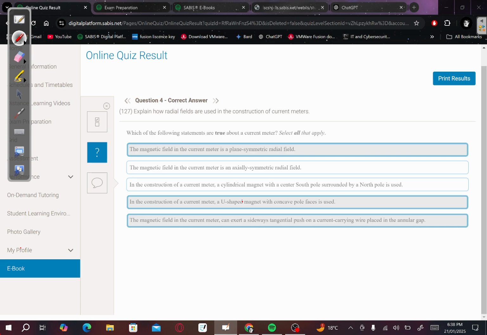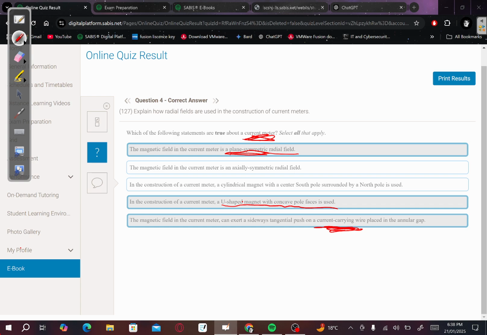They probably will. So there is another thing. You have to check the book for this one, but whatever it is, it's that. So plane symmetric radial field: this you memorize for the current meter. Okay. The construction of a current meter, U-shaped magnet with concave pole faces is used, and my trick for memorizing this one is, you see current carrying wire, it's going to be the current meter.